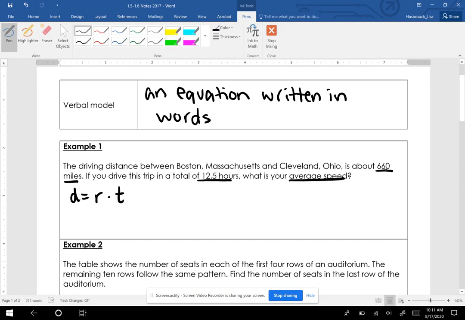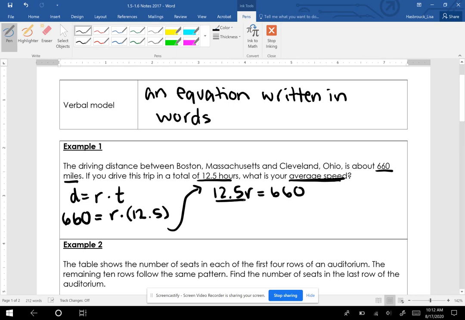They told us the distance, that's the 660 miles. They also told us the time. We're going to be finding the average speed, which is the rate. So I'm going to substitute. 660 goes in the place of distance. We don't know the rate, but we do know that the time is 12.5. Okay, so I could rewrite this as 12.5 times r equals 660 and solve for the rate.